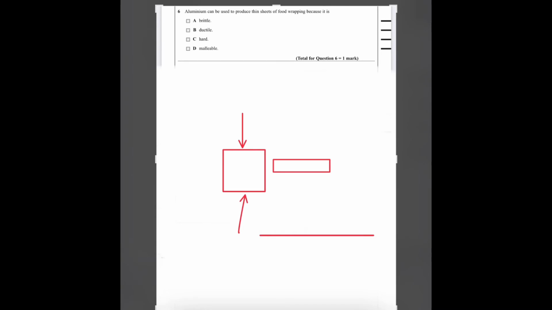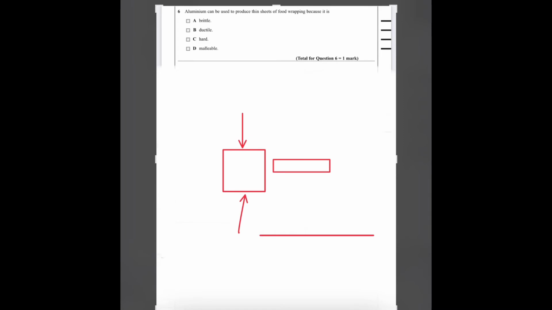For example, if we pull a rubber band with our two hands in opposite directions, when we are extending the rubber band, this is known as a tensile force, right? It is being extended, the shape of the rubber band is being changed, but it is not a compressive force. So B is not correct.